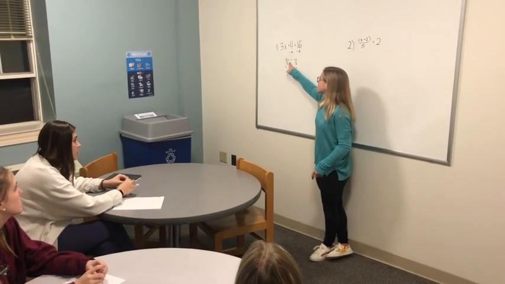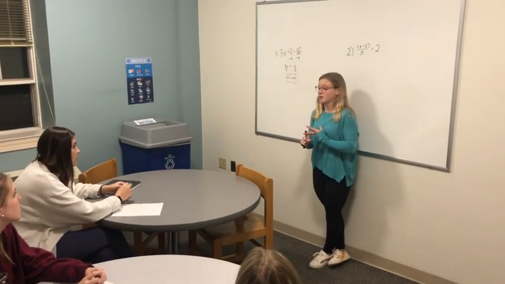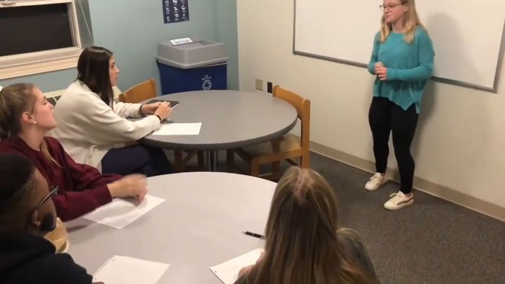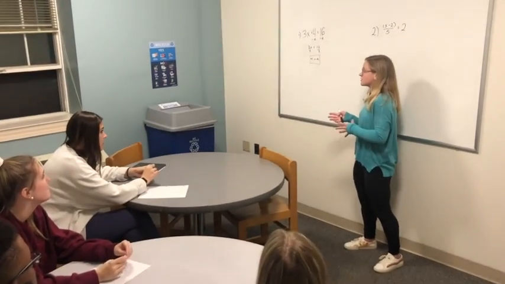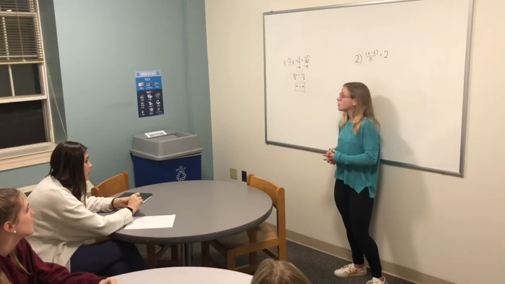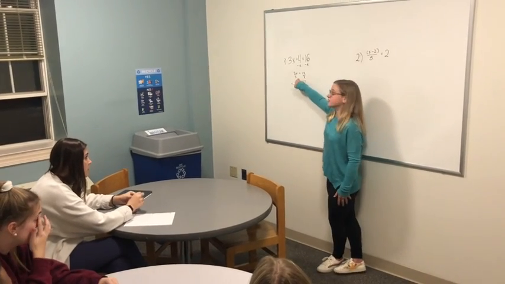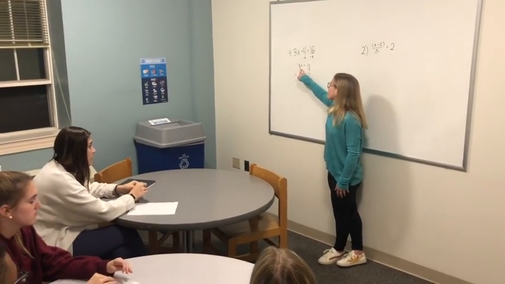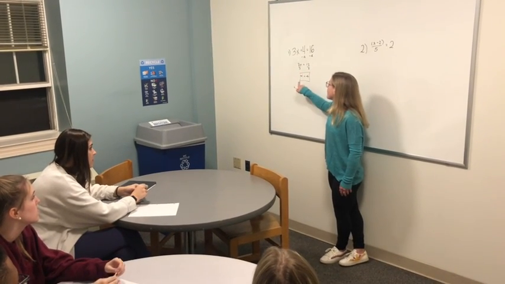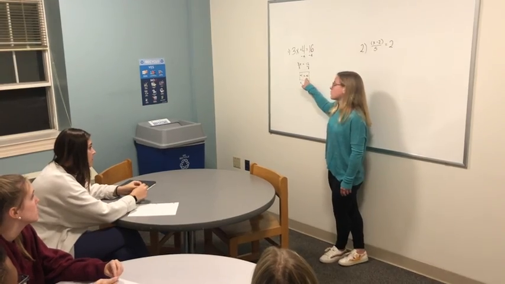Our goal is to isolate this variable, and what is happening to that variable? Can anybody tell me? Camille? It's being multiplied by 3. Okay, so if it's being multiplied by 3, and Heather already told us that we have to do the opposite, the reciprocal, so we're gonna do a division by 3, right? So then we still have the equal sign, so what we do on one side, we have to do on the other, and then we're left with x equals 4.